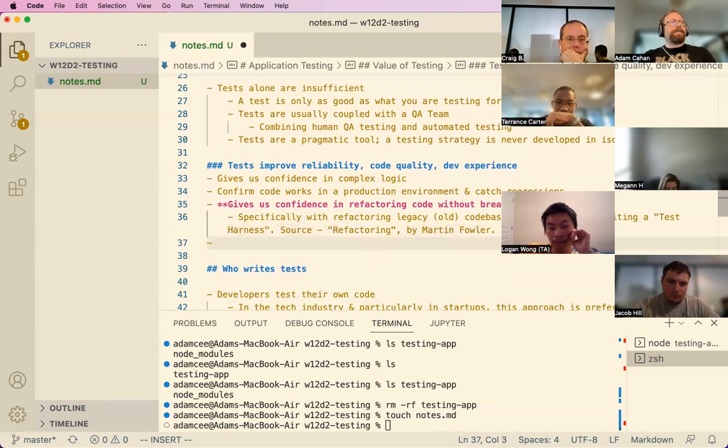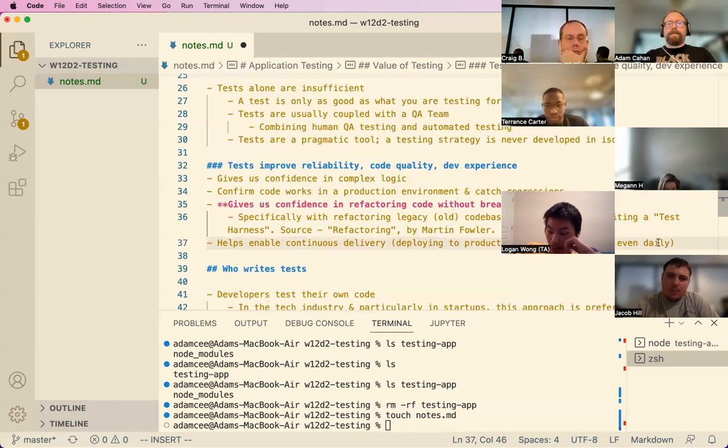So another advantage of testing is it helps us with continuous delivery. Continuous delivery is deploying our code, I should say, to our production environment, which, as we saw with Raphael's lecture, can have several steps. And for a large website like Nordstrom, even more so, especially because nothing gets deployed to the Nordstrom website without going through a QA process.